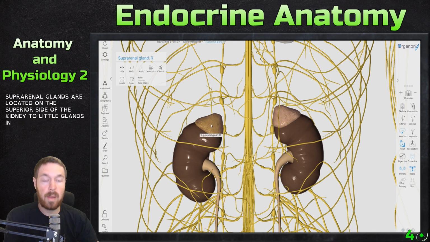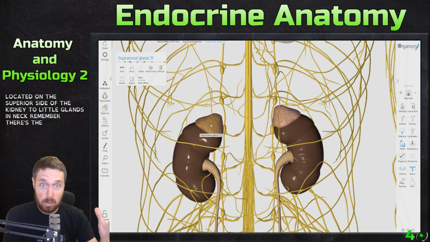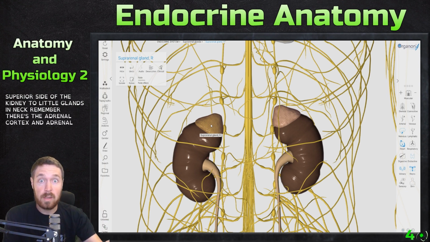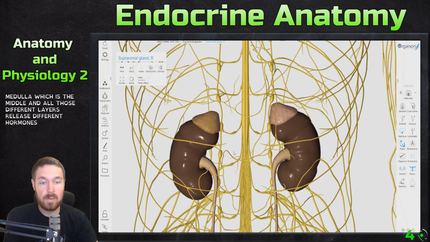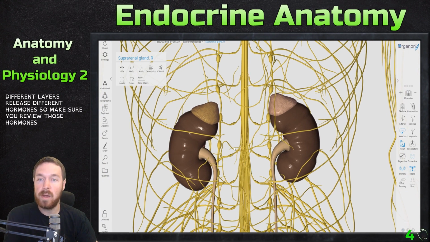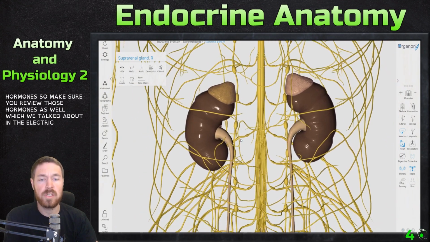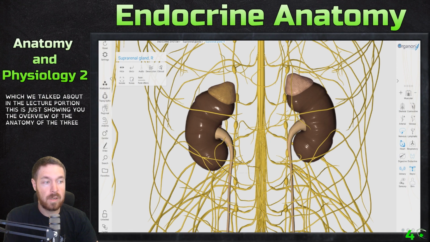And remember, there's the adrenal cortex and the adrenal medulla, which is the middle, and all those different layers release different hormones. So make sure you review those hormones as well, which we talked about in the lecture portion. This is just showing you the overview of the anatomy of this region. So lots of hormones are released from those little glands right there.